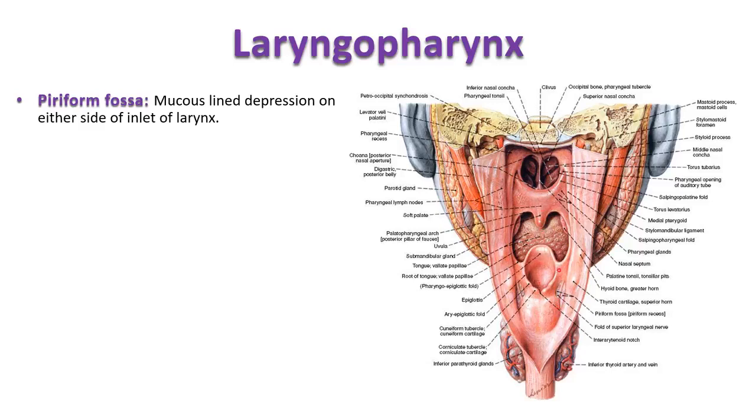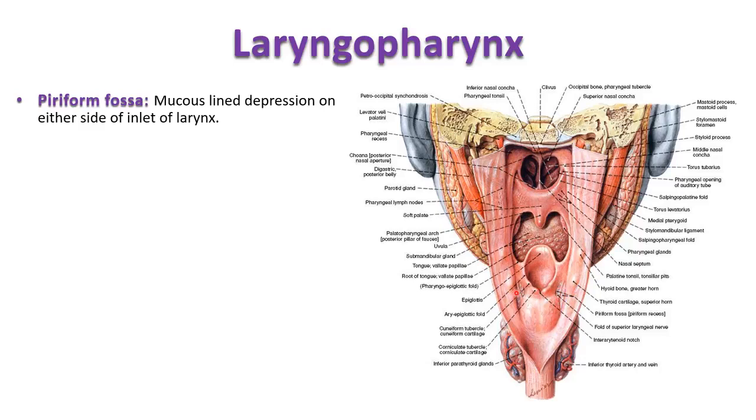The epiglottis is not going to fall back; the whole larynx is going to get elevated and approximated so that the inlet is closed. That we will discuss in the later part of this lecture. Now let us come back to the pyriform fossa. It is a deep fossa situated on the lateral wall of the laryngopharynx.